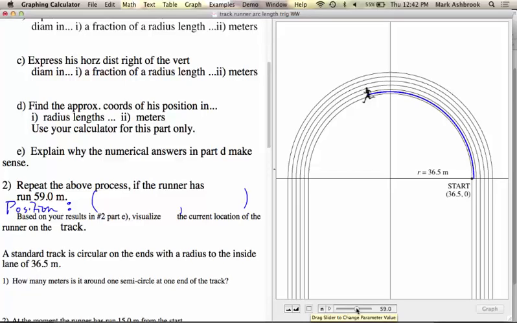Express it exactly. In meters. So I want the coordinates in meters.